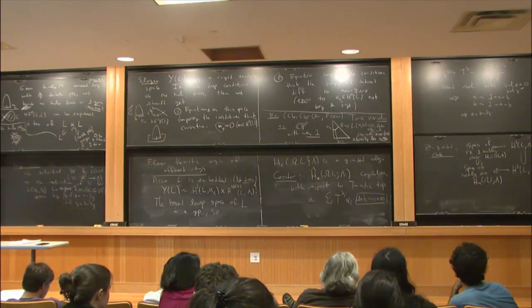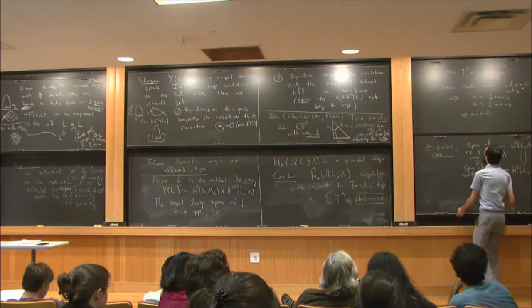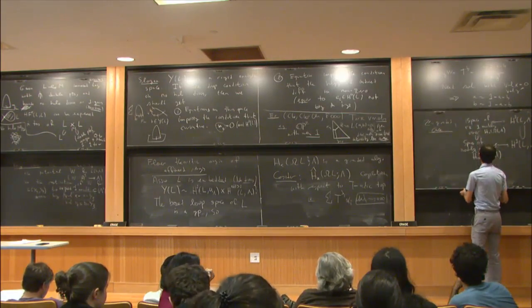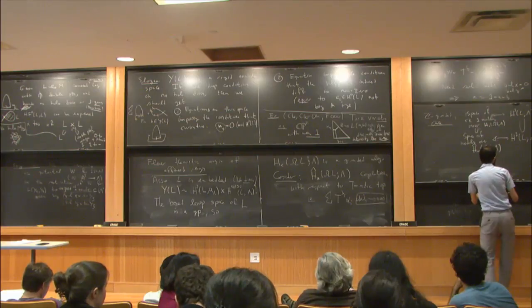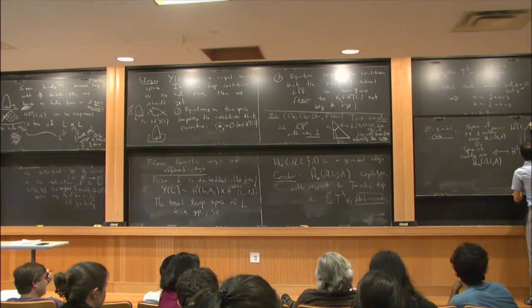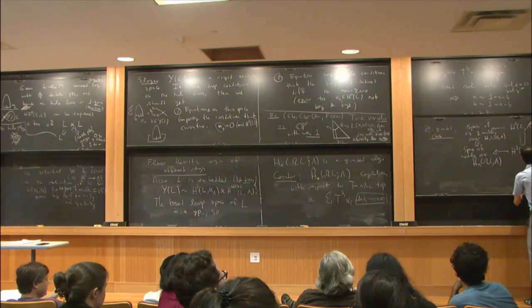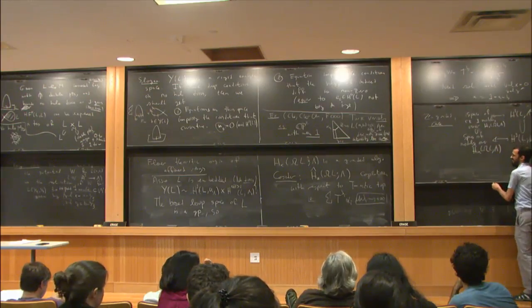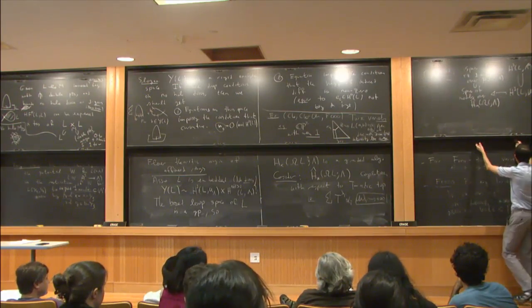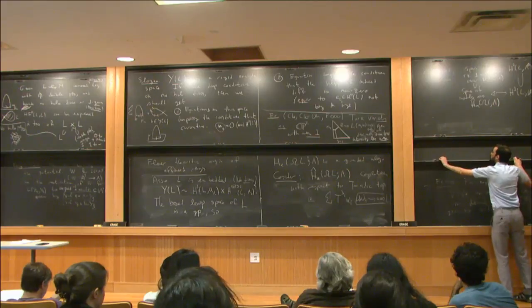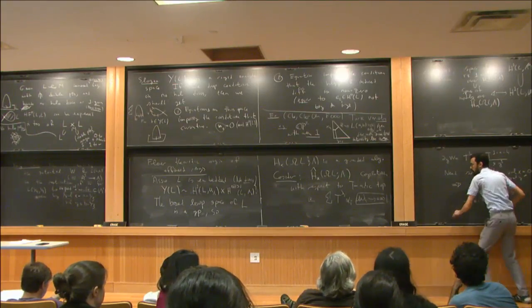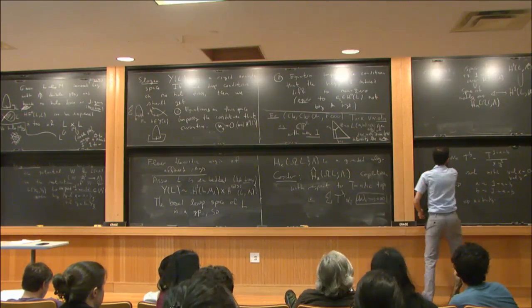Okay, so the toy case: there are two cases that I want to talk about. Sorry, this was supposed to be Lambda star, and this is supposed to be U_Lambda. So let's do the case of L equals a torus.